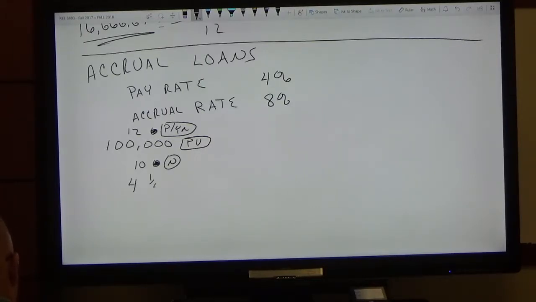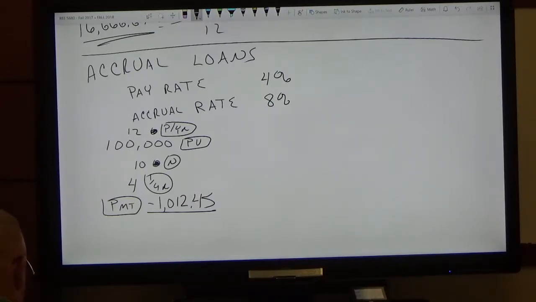So the first thing you're going to do is calculate the payment based on the pay rate. We all good with that?